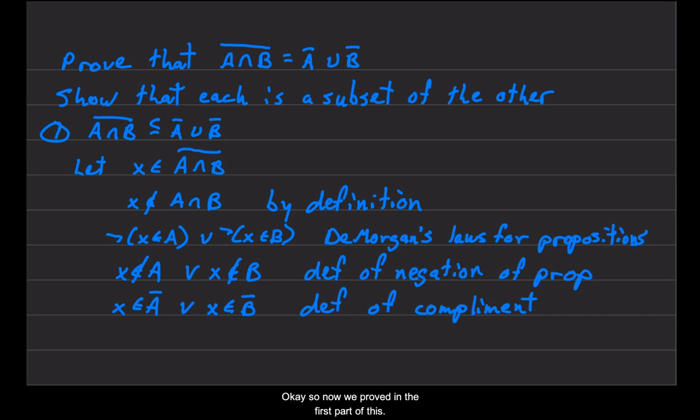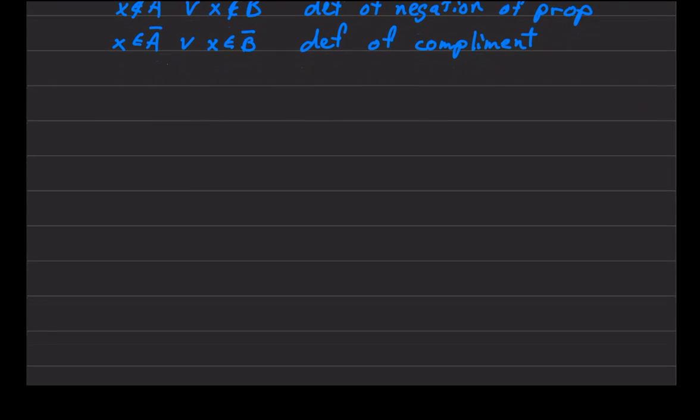Okay, so now we've proven the first part of this. We'll scroll down a little bit, and we'll attempt to prove the second part, which is the complement of A union the complement of B is a subset of A intersect B complement.